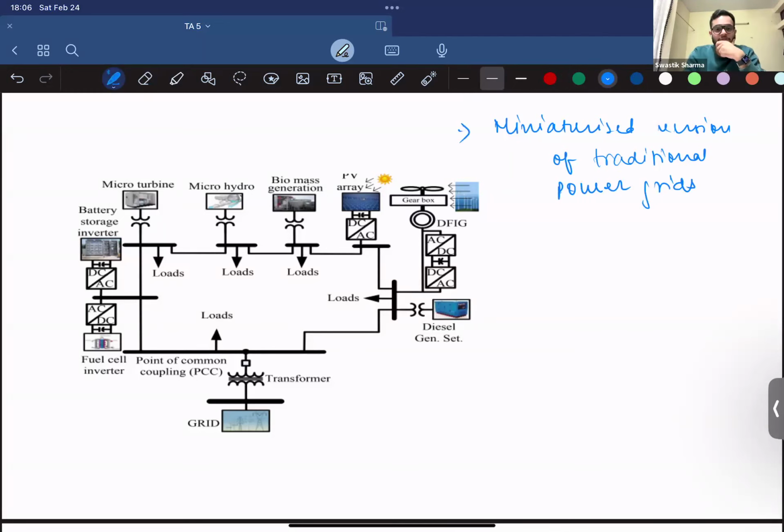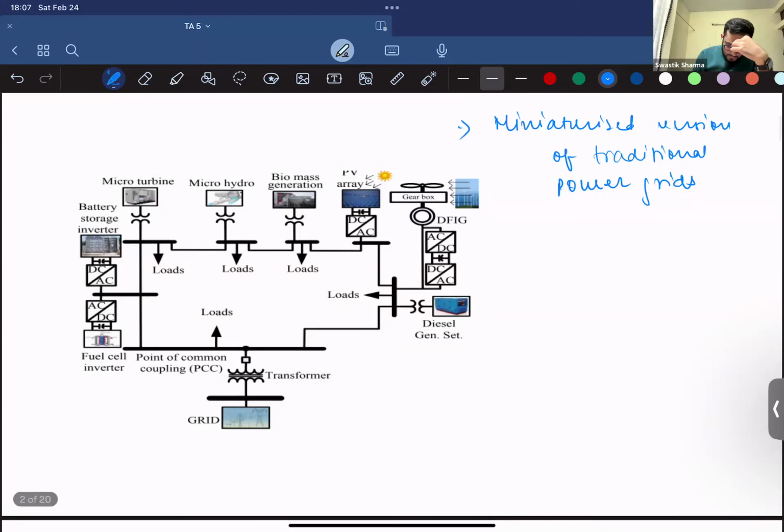And because these are miniaturized, we have generation available as well. They are coupled with the grid, but they also have individual generating units like PV arrays, wind farms, and then hydro-based generation, biomass generation, and other relevant generations, right? Which are present. So these are called distributed energy resources. So we can generate locally, and we have a point of common coupling where we are connected with the traditional grid as well.